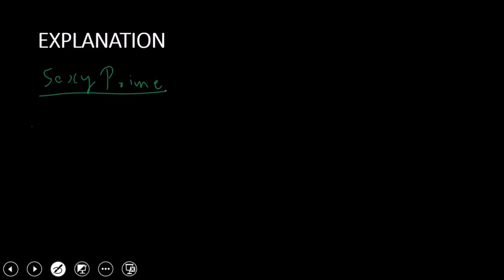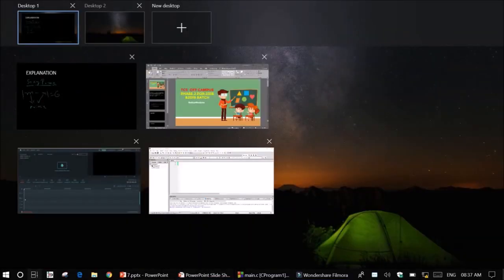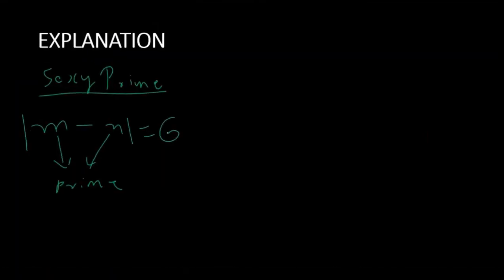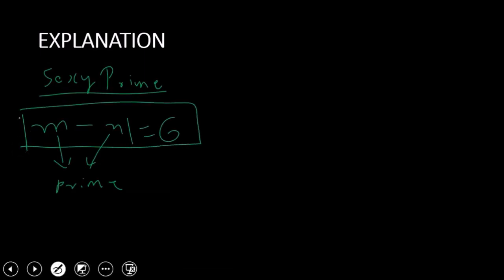There is a number m and there is a number n. Both these numbers are prime. The difference between these is 6. This is called sexy primes.